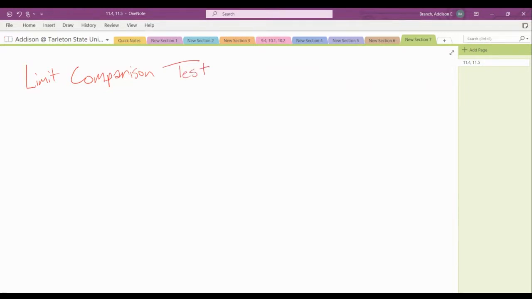All right, so for our limit comparison test, we still have the same stipulations. We have series A and series B, of course, both series with positive terms.